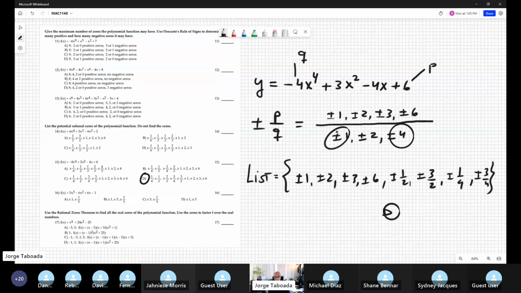Break down the polynomial without factorization, so using synthetic division. Do you understand very well this idea? This is a central idea in this chapter. Cool? No problem.